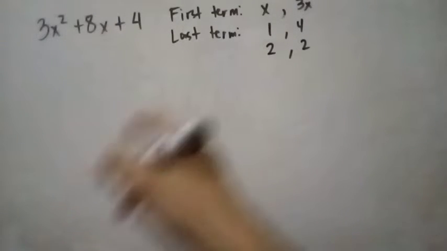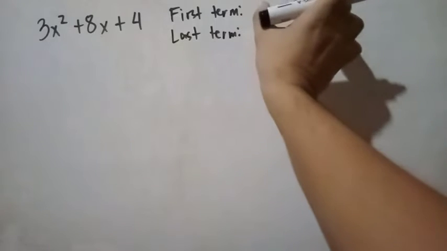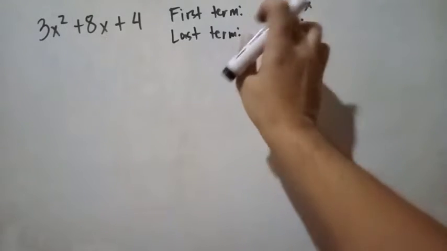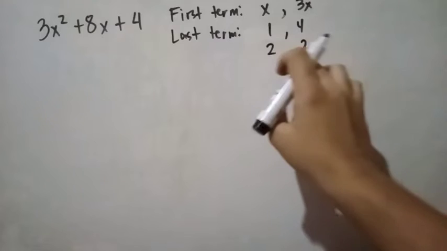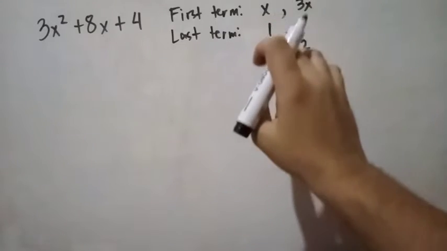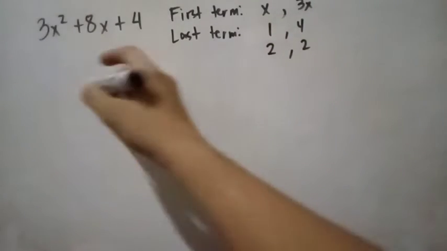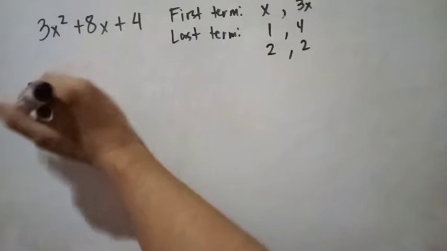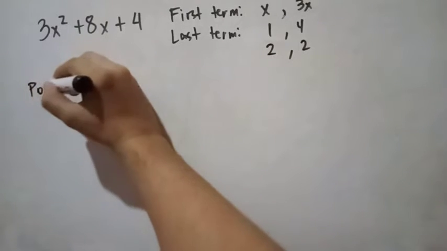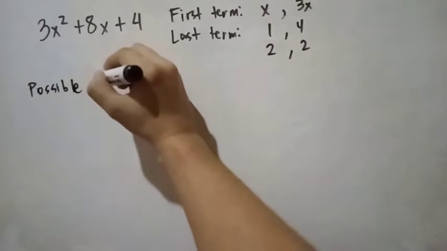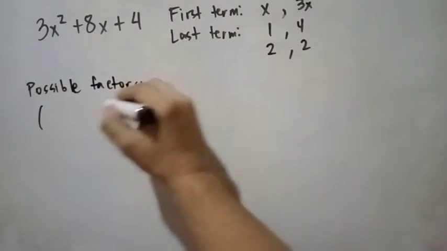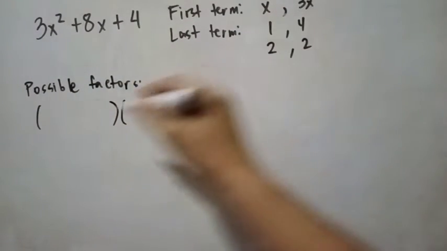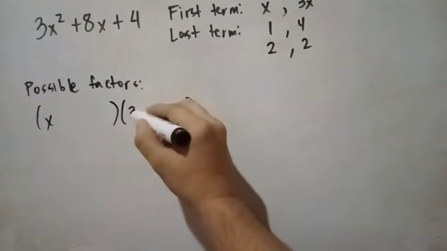So para makabuo tayo ng terms, ito yung first term ng binomial natin, x tsaka 3x. Tapos ito yung last term ng binomial natin, 1 and 4 or 2 and 2. So yung possible combination natin or possible factors, ayan, yung first term is x tsaka 3x.